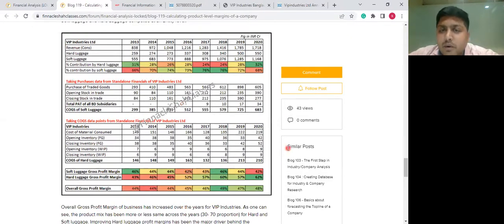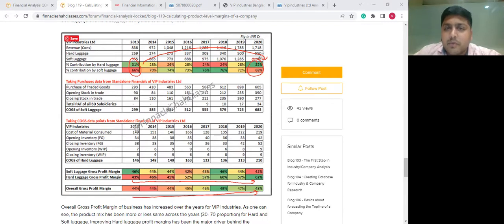So when you take a look at this, what does that tell you? Let's try and find some interesting trends out of this analysis. So the profit margin seems to be increasing. Is it because the composition has changed? No, the composition seems to be more or less same, but take a look at this. The hard luggage profit margins have increased drastically. Soft luggage has remained same.